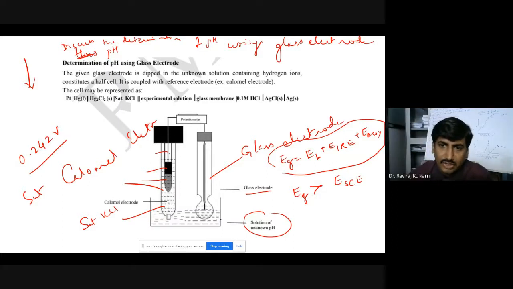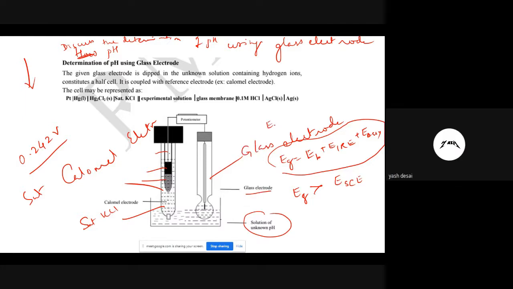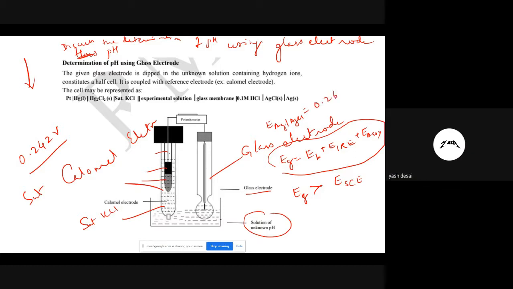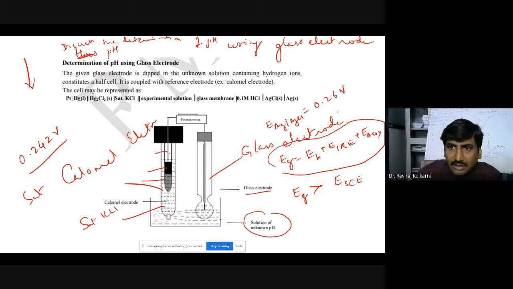What is the potential of the 0.1 N decinormal silver chloride electrode? 0.26. And you have to add boundary potential plus asymmetric potential to this. So first of all, it is greater than this.